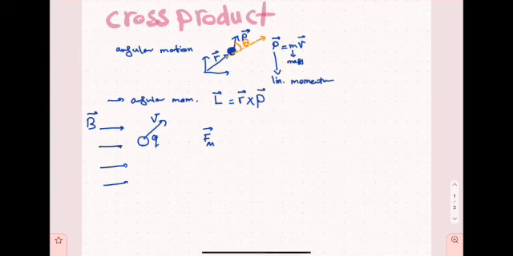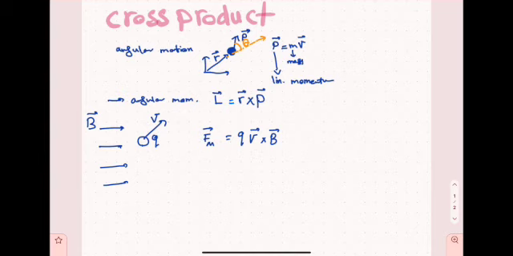Then the force applied on the particle would be perpendicular to this plane. So one could write this as q v, the vector v cross B, being the magnetic field.